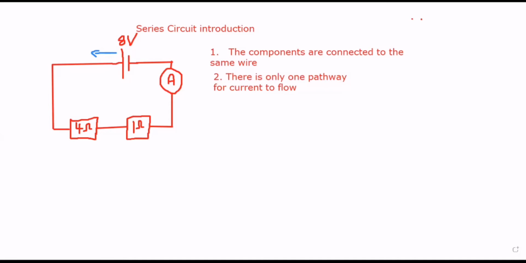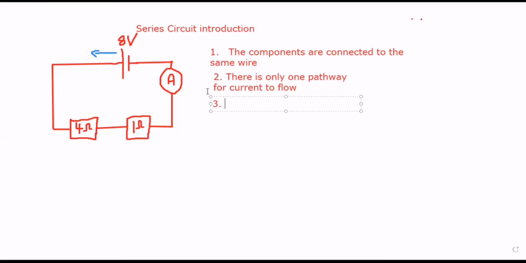Now, let's talk about the third characteristic, right? If there is one pathway for current, then it tells us that these resistors and all the components in this circuit experience the same current. The same current is passing through these resistors, right? So that's the third characteristic.